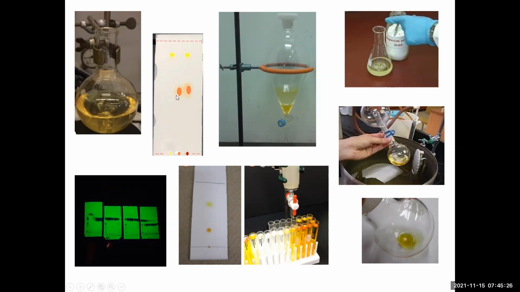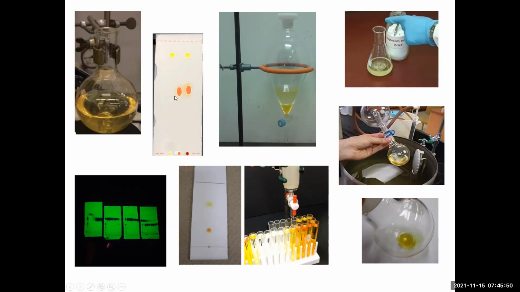So they're running those side by side with the reaction mixture to see when the reaction itself might be complete, right? So if this was the starting material, this was the product, we would hopefully see that this is gone and that at the end of the reaction, this is the only compound that remains.